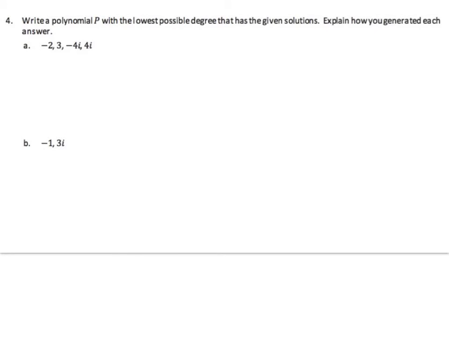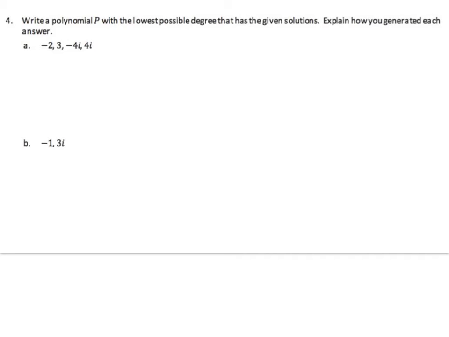All right, write a polynomial p with the lowest possible degree that has the given solutions. Explain how you generated each answer. Okay, this first one has 2 real zeros and 2 complex zeros. Since the 2 complex zeros are part of a conjugate pair, p may have as many as 4 total factors.